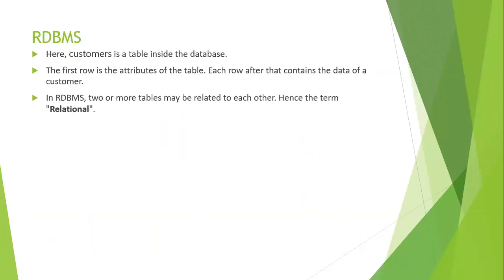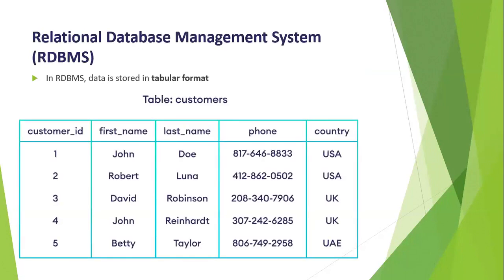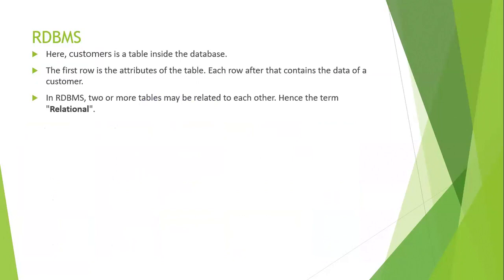RDBMS is relational. Right now we have only one table, the customers table. We'll come to know how to relate tables when we have more than one table. Just remember it's a relational database management system, which we will be working on more.